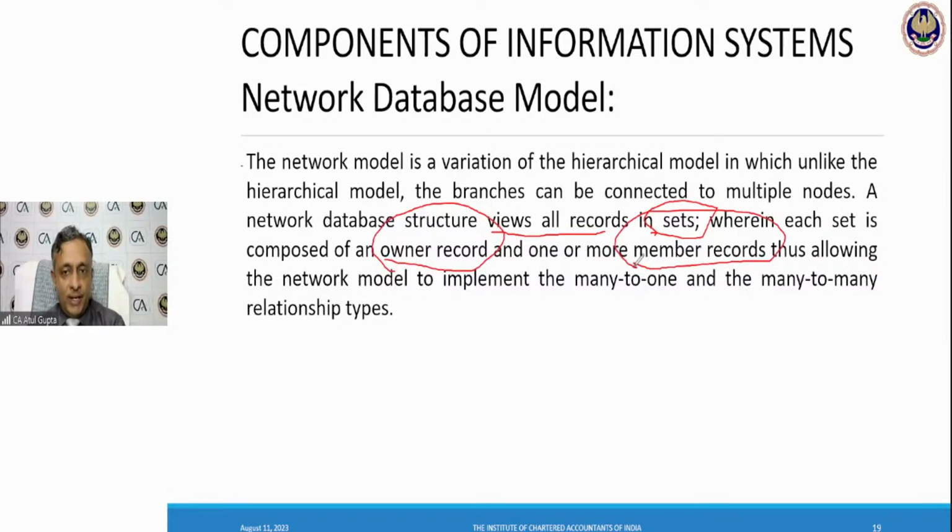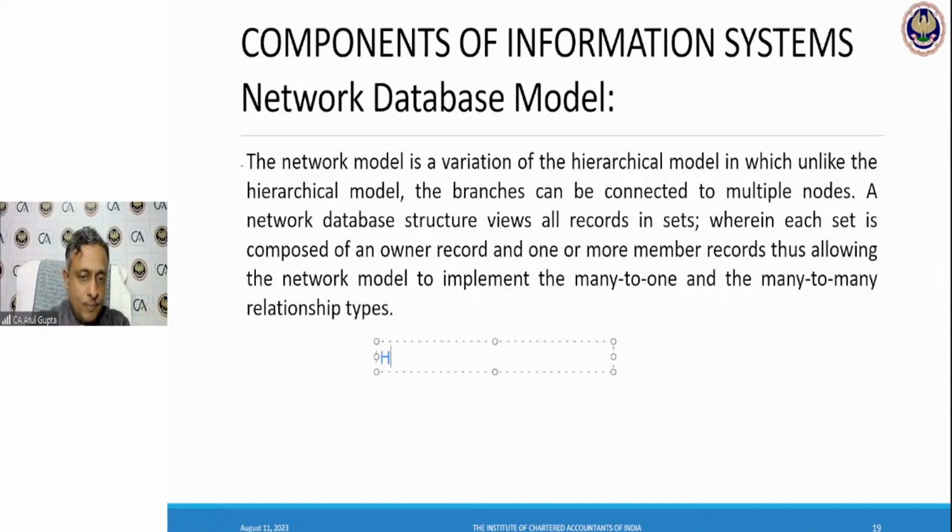So these are the keywords: owner record, member record, sets. Now let us read through. I always relate the network database model to something you have probably read in income tax: HUF. Here you have owner record; in HUF you have Karta. Here you have member records; in HUF you have co-partners. So network appears more like that, and it allows many-to-one and many-to-many relationships.